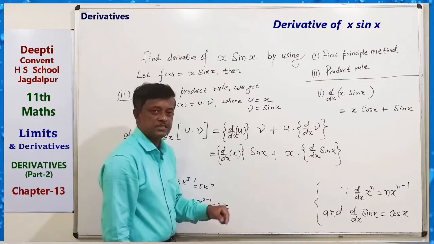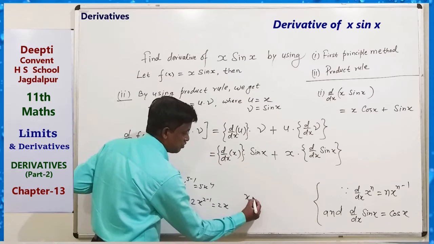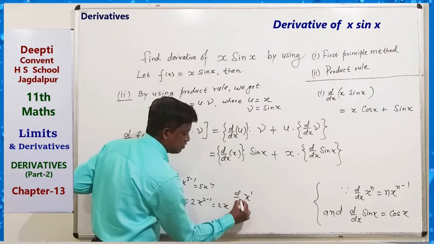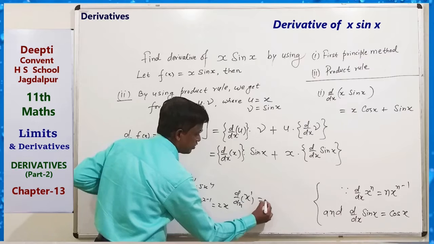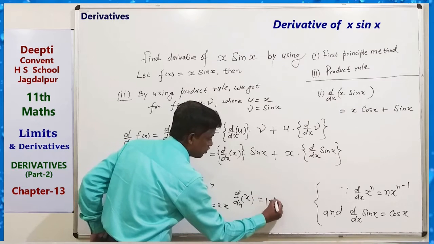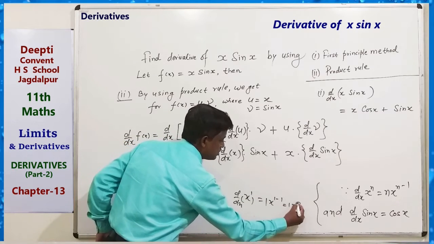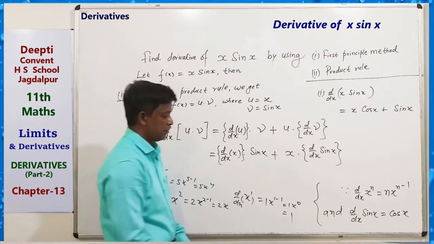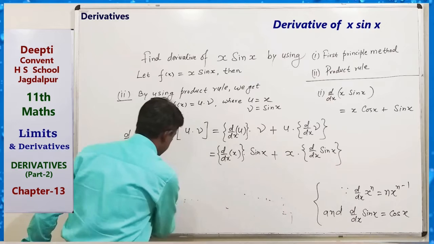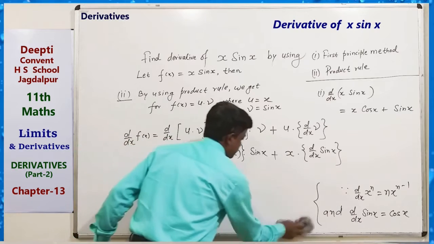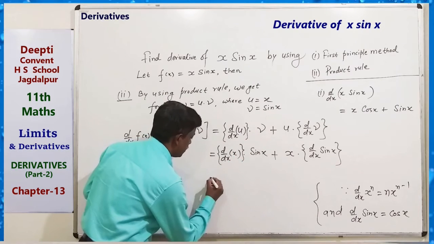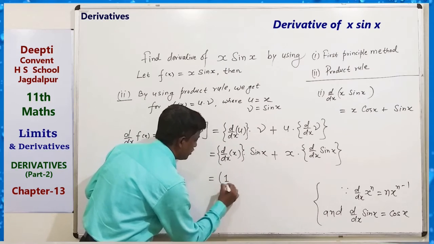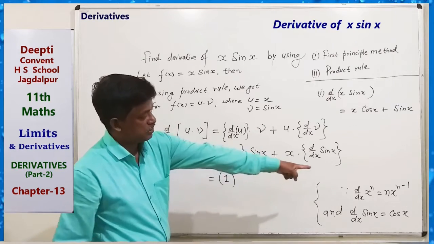So here x to the power 1, n equals 1, so 1 x to the power 1 minus 1, that is 1 into x to the power 0, which is 1. So its derivative is 1. Just use it here, its derivative is 1 by using this formula.